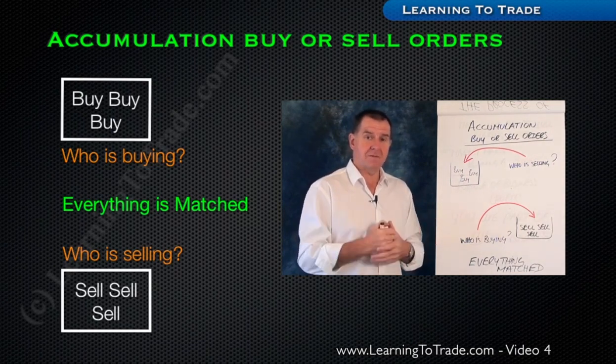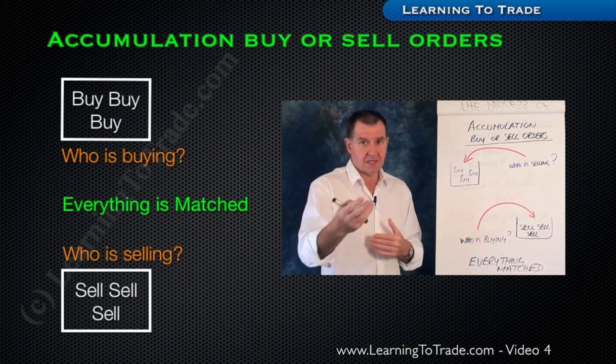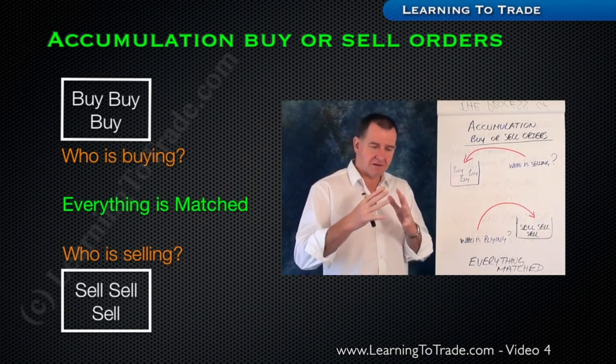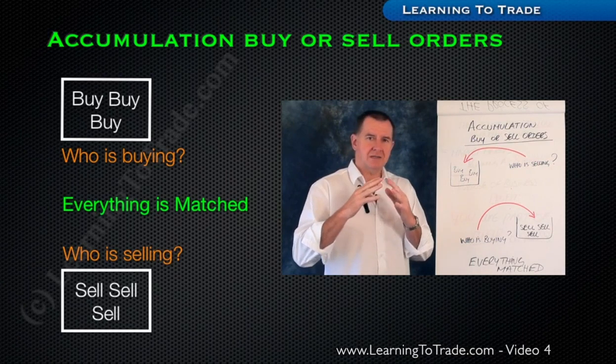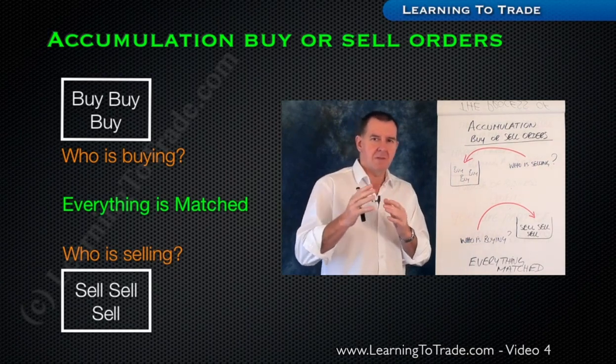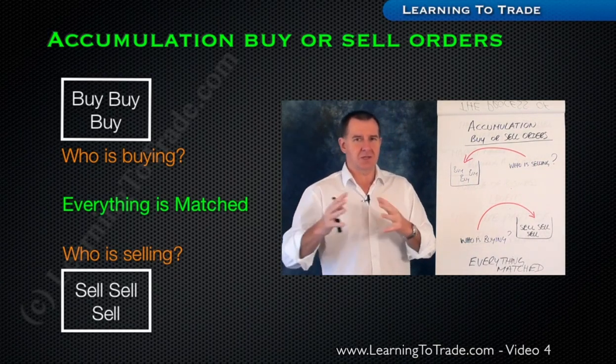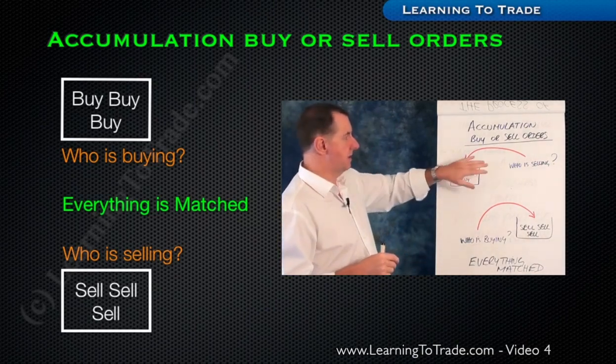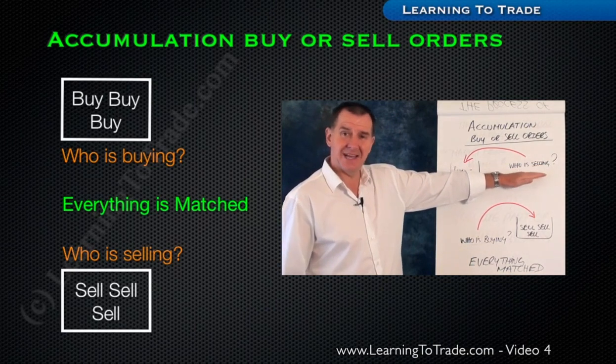And if you want to buy from me, you've got to convince me to sell to you, okay? So this being conveniently matched is vital to understand. There's no load of buys here without sells. It's all completely matched. So in order for the market makers to buy, someone has to sell.